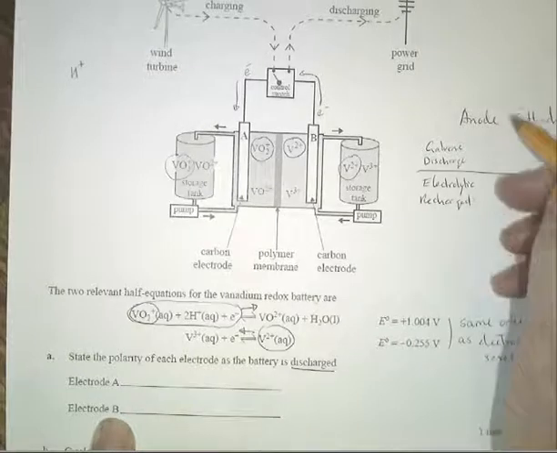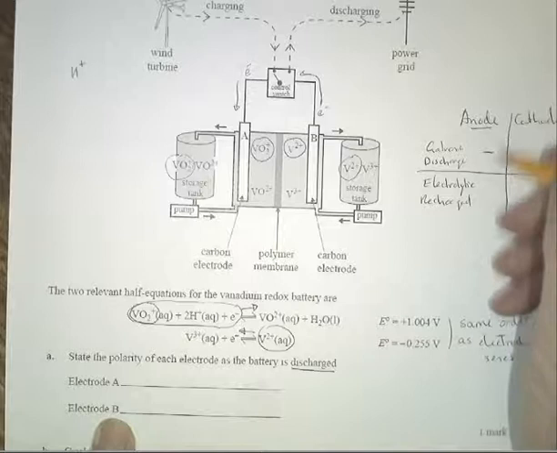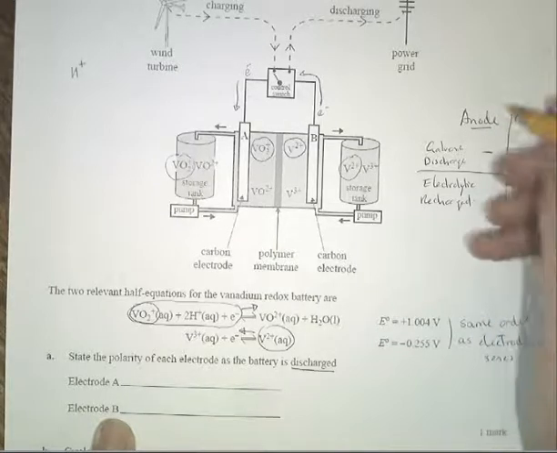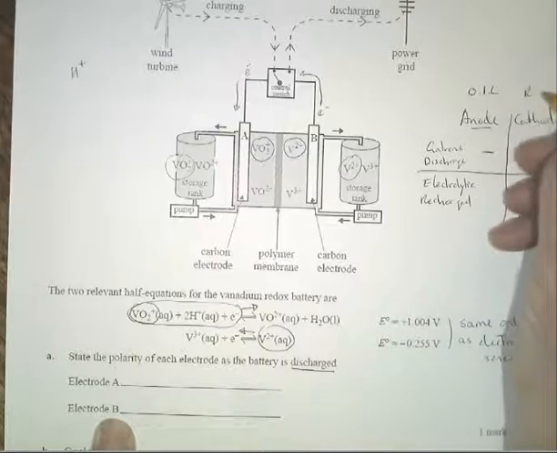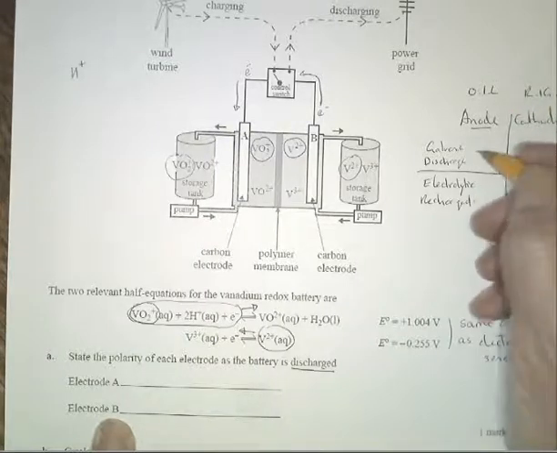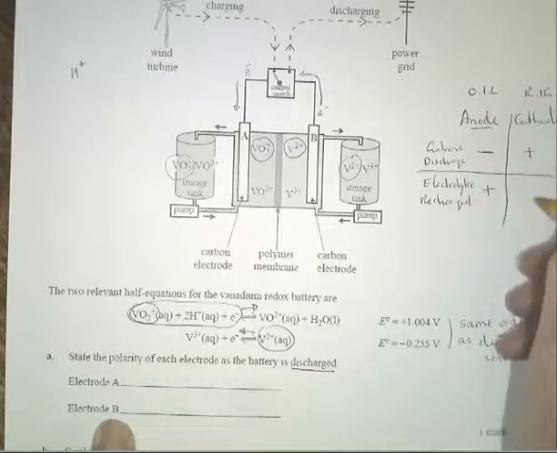Okay. So this one is always negative. Spontaneous anode oxidation is the loss, reduction is the gain. It's always negative. So once you know that, then that's positive. And it's reversed.